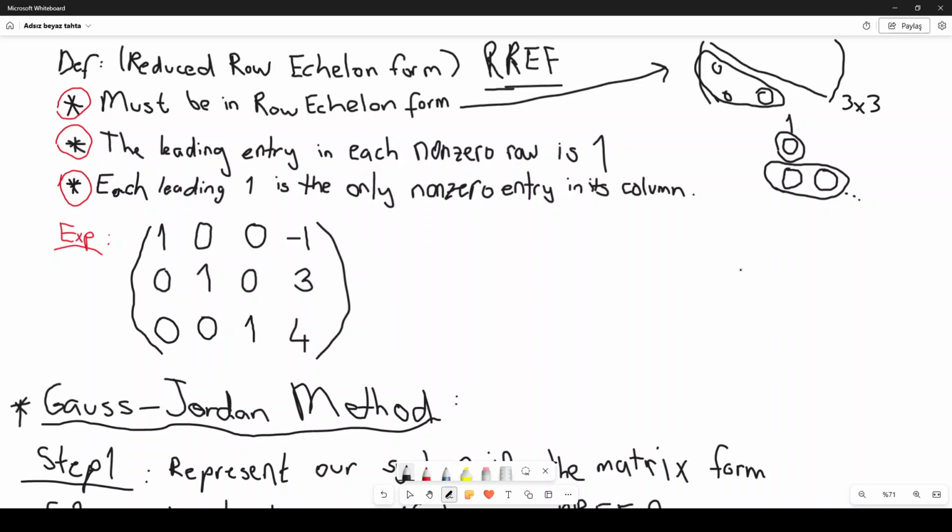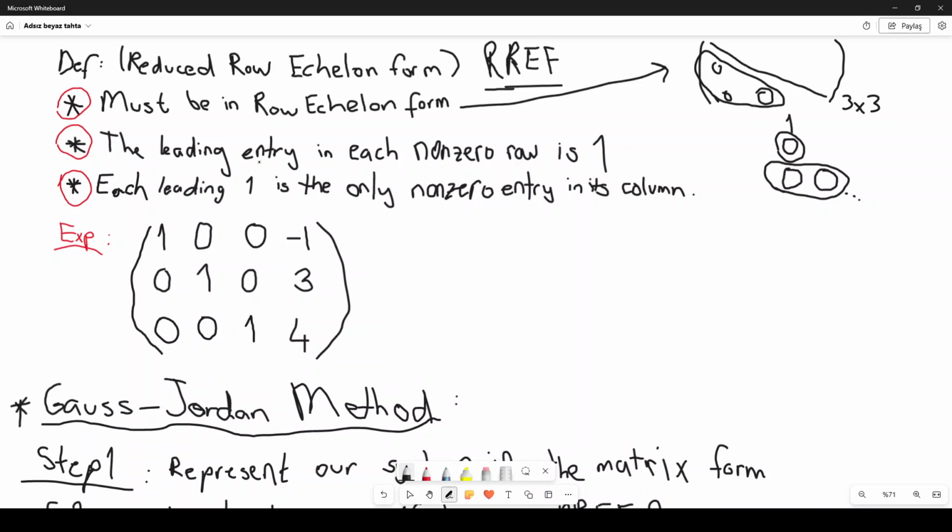If all the elements in a row are equal to 0, then this is a 0 row, because the only value in that row is 0. But if there is at least one element which is not 0, then it's called a non-zero row. So in each non-zero row, by the term leading entry, I mean the very first element in that row which is not equal to 0.